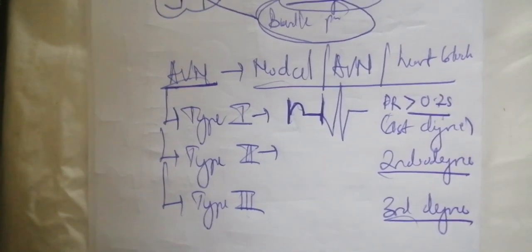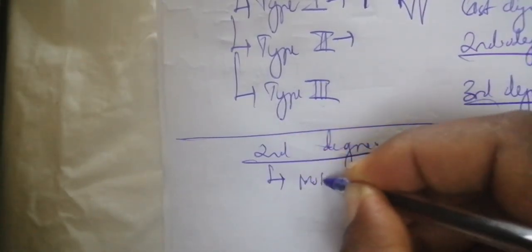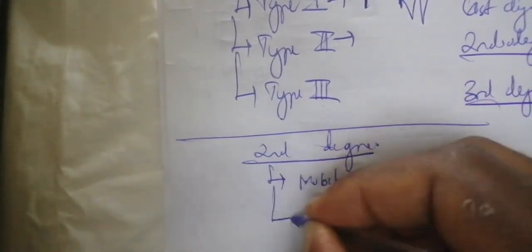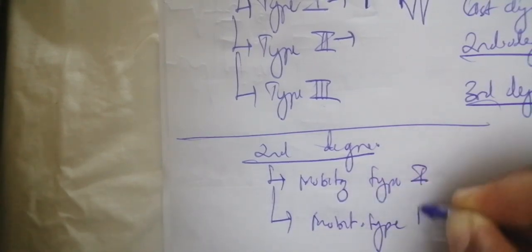Now the type 2 heart block, the second degree heart block, is divided into two. We have the Mobitz type 1 and the Mobitz type 2. So those are the different elements of the heart block.